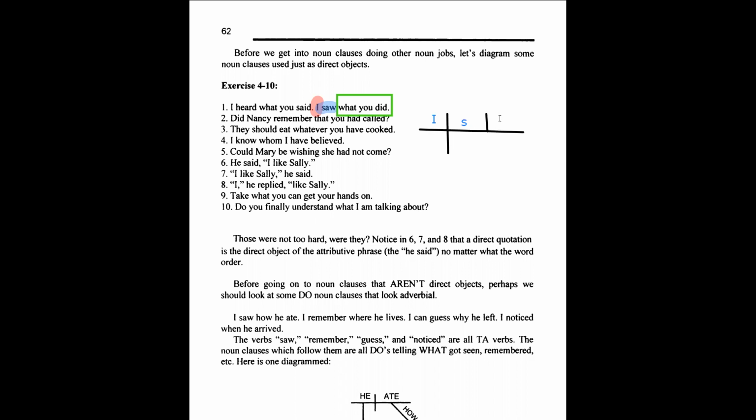But now I have a clause, which is a direct object. And so I have to do things a little differently, right? Just do it in green. I gotta draw my little hangman. And then what you did, I have to diagram as if it's a sentence. What's the subject? You. What's the verb? Did.